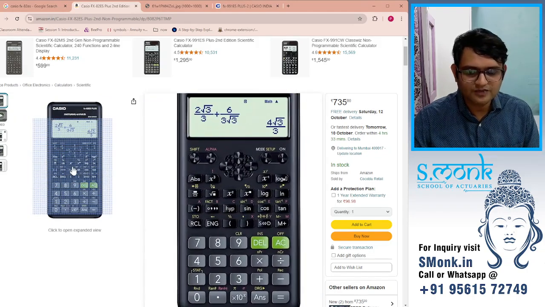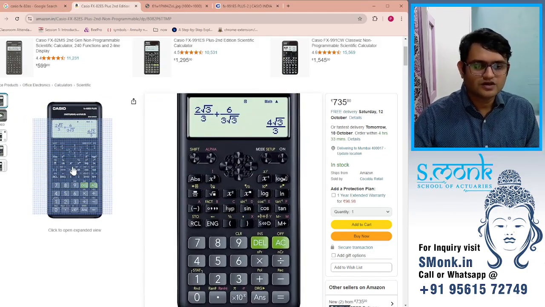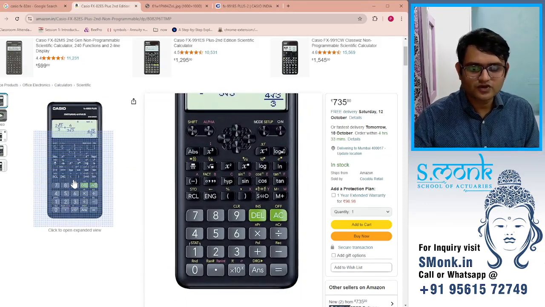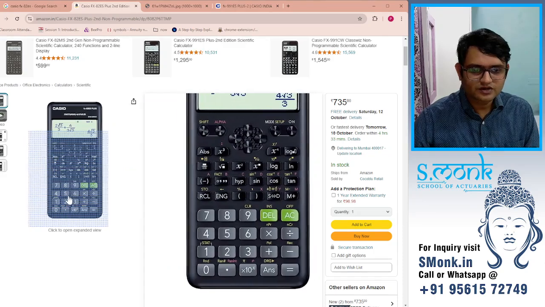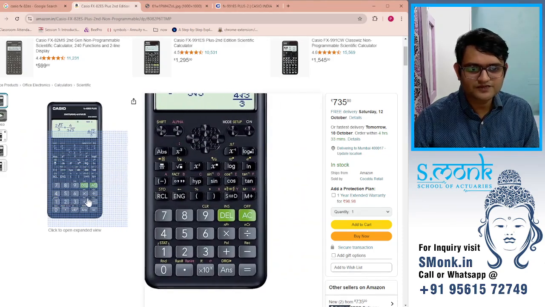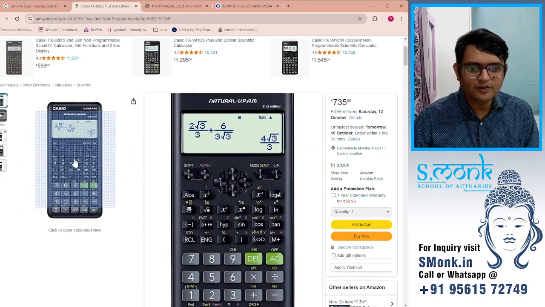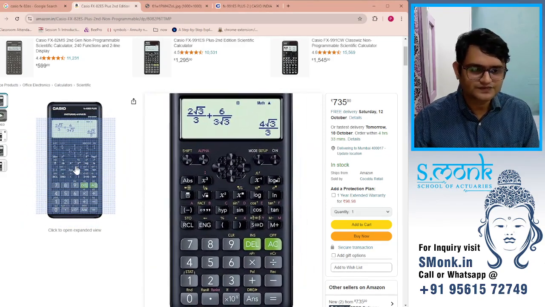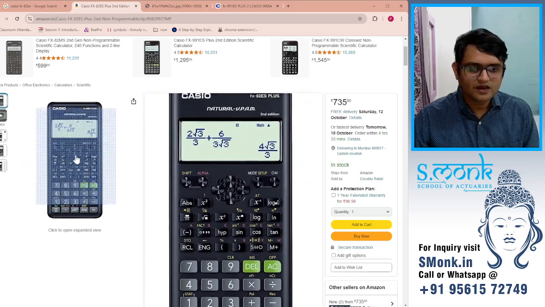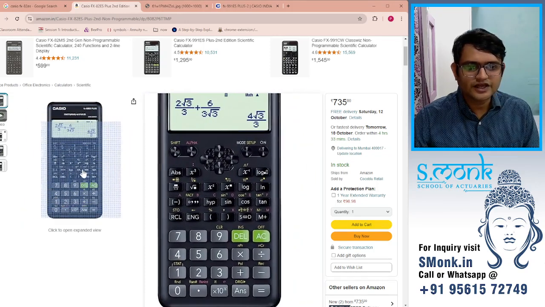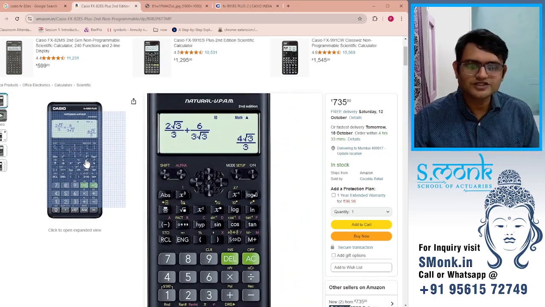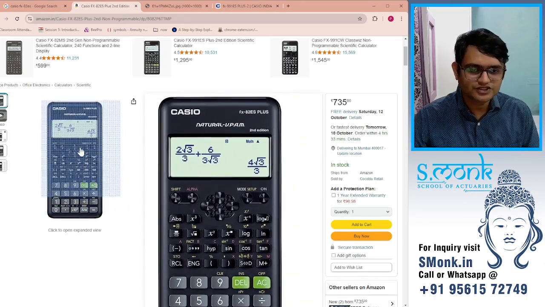You will have multiple sections of the calculator. Down here you have the numbers and plus, minus, multiplication, division. That's very straightforward. But above that you have certain buttons. These let you do more functionality than just basic calculations.